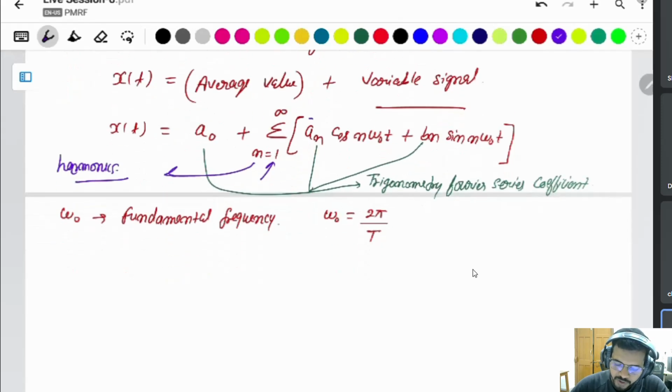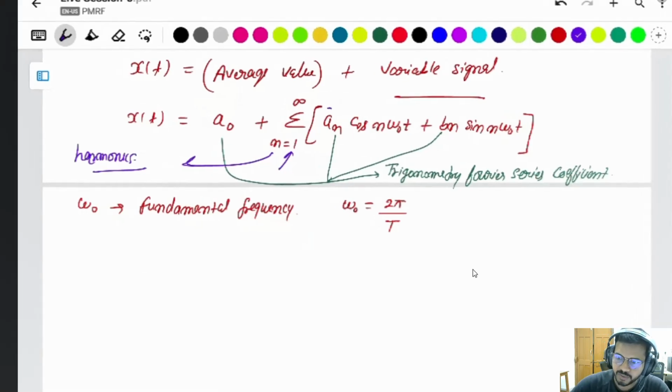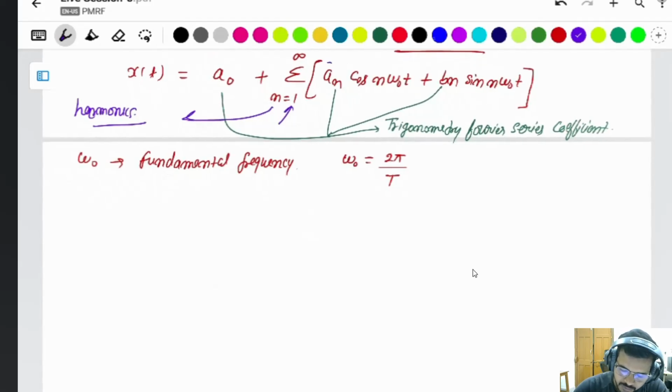Okay, how can you find a naught, a n and b n for representation in the trigonometry Fourier series? How can you find the coefficients? Evaluation of a naught, a n and b n.